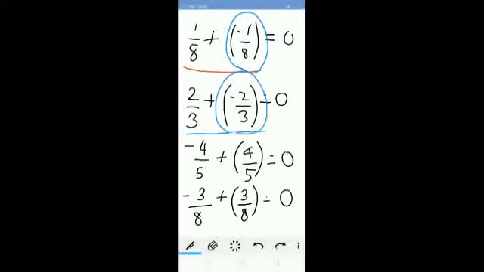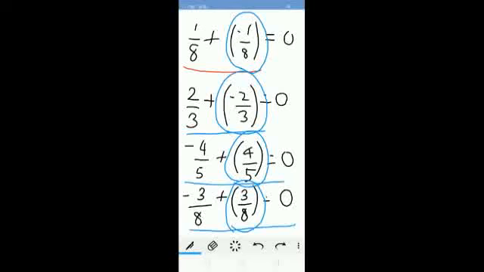Minus 2 by 3. Because to the positive 2 by 3 we added negative 2 by 3, we can get 0. Similarly, in your third problem, the negative number given is minus 4 by 5, but we added a positive number. So here the additive inverse is positive 4 by 5. Similarly, in your fourth problem, a negative number is given, and we have added a positive number. So the additive inverse is positive 3 by 8.